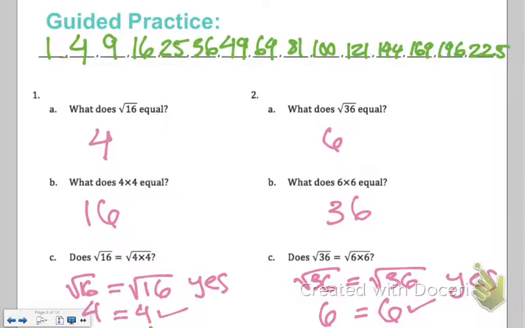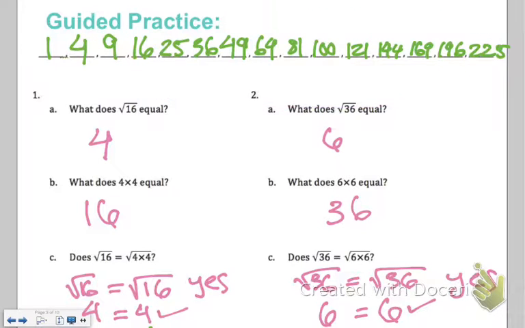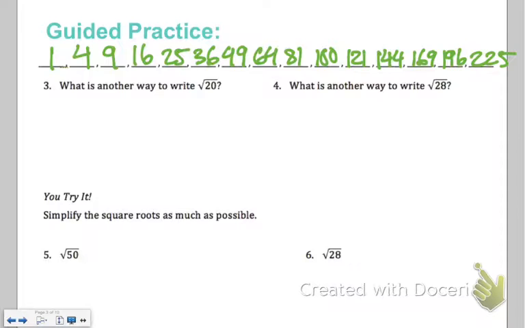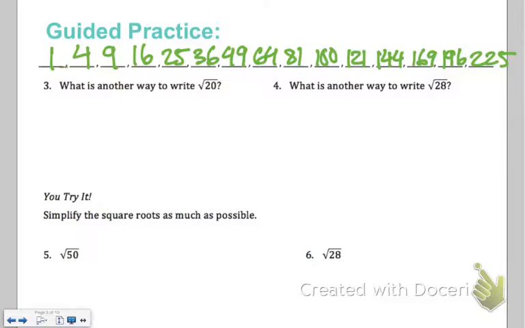So now let's take a look at how we would simplify an example that's not in our perfect square number list. That's not a perfect square. Throughout today's lesson, you're going to be referencing your perfect square numbers in order to help you simplify radical numbers.